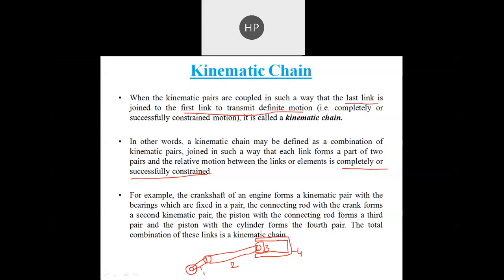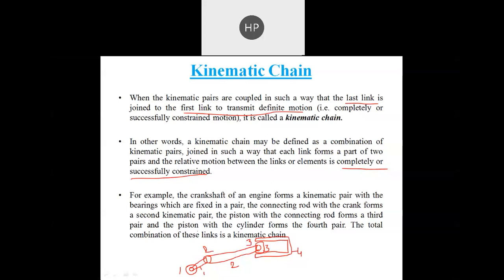The connecting rod with the crank forms a second pair. So this is the first pair. Then here 1 and 2, which are connecting each other, are our second pair. Then the piston with the connecting rod: this is piston number 3 and this is connecting rod element number 2, which is connected over here, so this is our pair number 3.